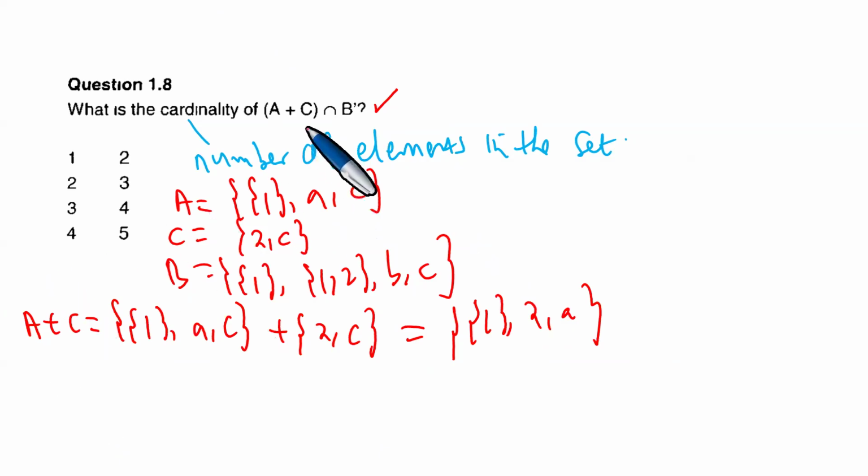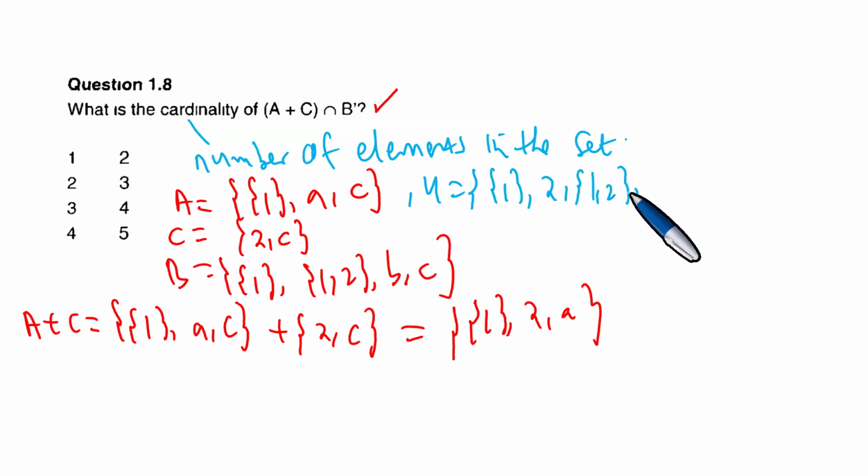Now we look at the intersection with the complement of B. What would the complement of B be? Well, we need to remember something interesting about the universal set. What is the universal set? The universal set contains 1, it contains 2, it contains 1 and 2, but also it contains A, B, and C, like so. Now, we want the B complement, so let us find the B complement to be able to find the intersection.